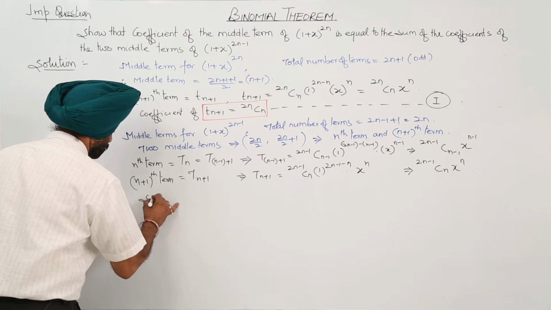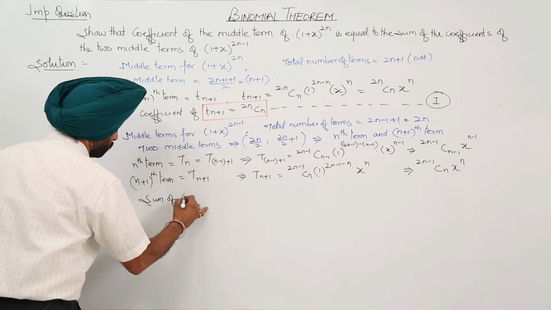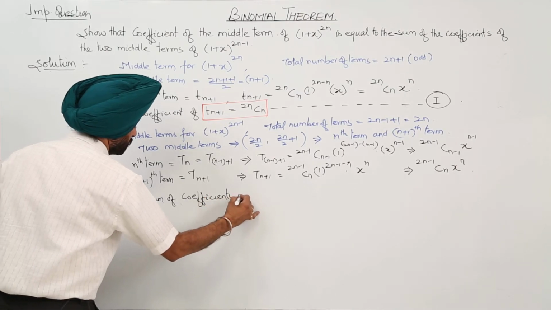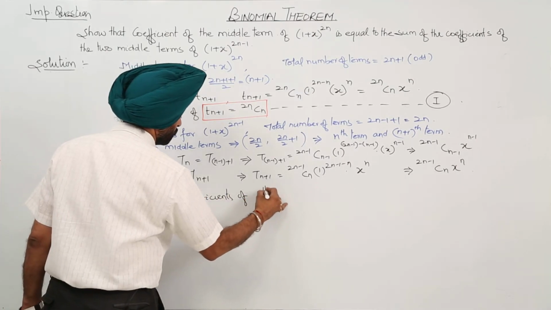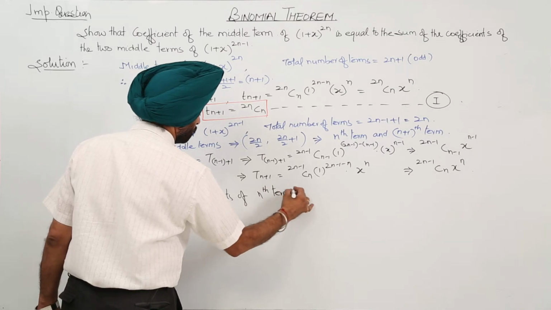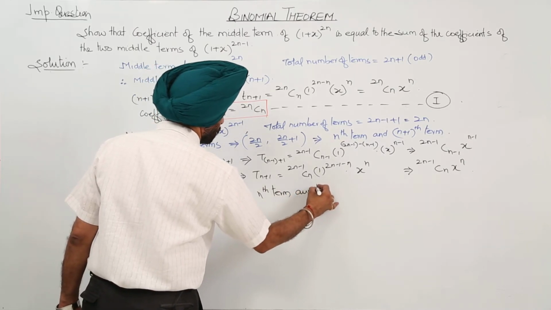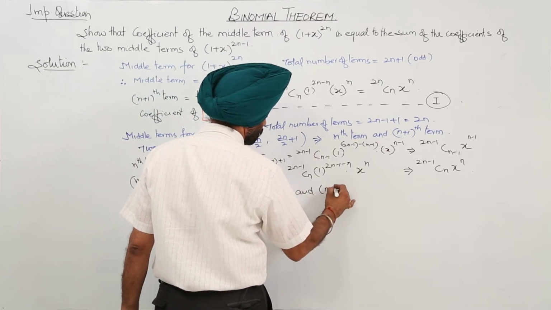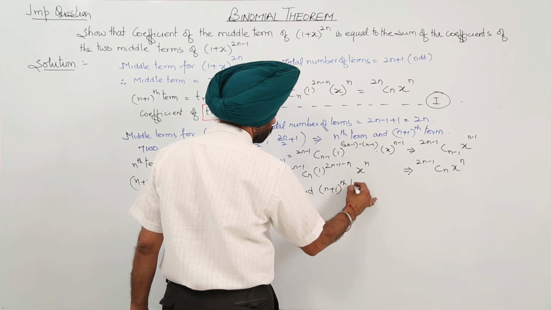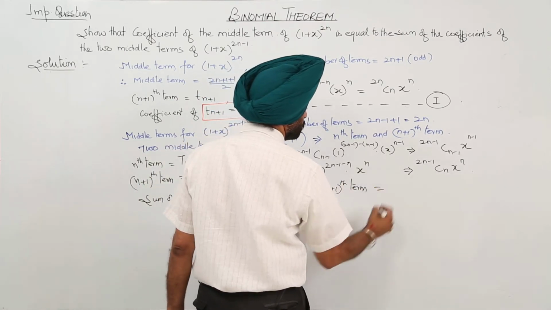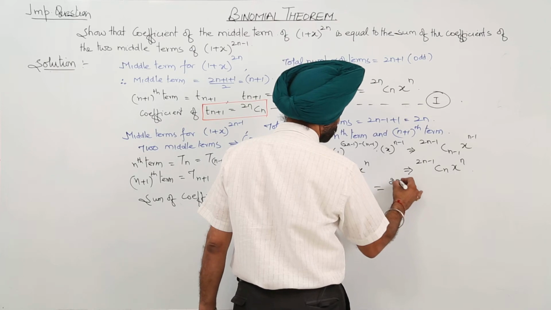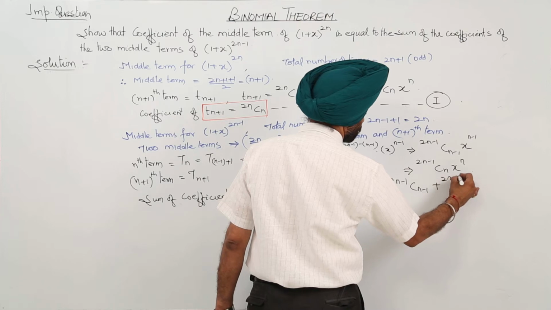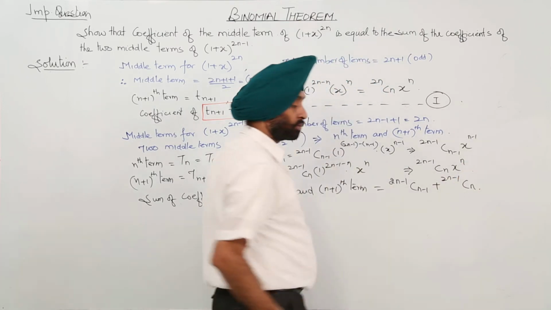Now the sum of the coefficients of the nth term and the (n + 1)th term is equal to (2n-1)C(n-1) + (2n-1)Cn, because these are the coefficients.